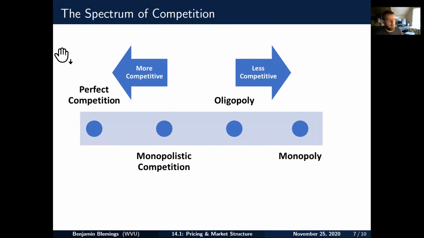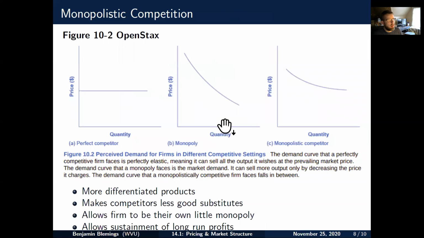And we know that wouldn't work in perfect competition, but there's other intermediate market structures, such as monopolistic competition and oligopoly. And I want to briefly intro those here, so that when I bring them in during the last week, it's not completely foreign. And so perfect competition is the most competitive, monopoly is the least, and then these are in the middle.